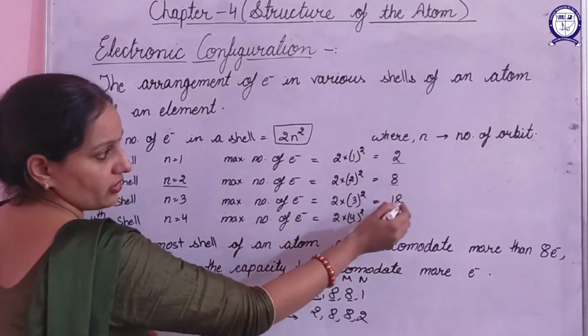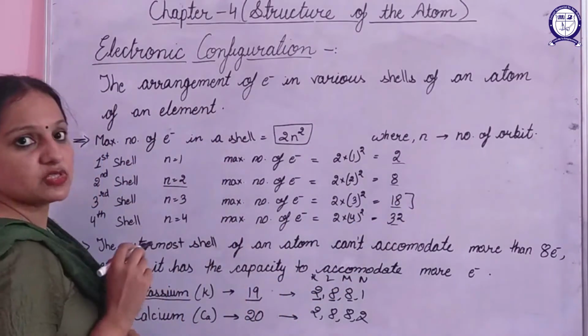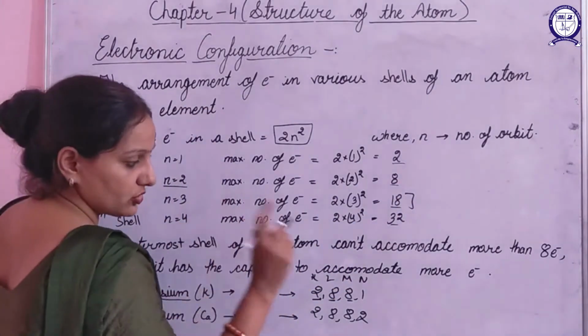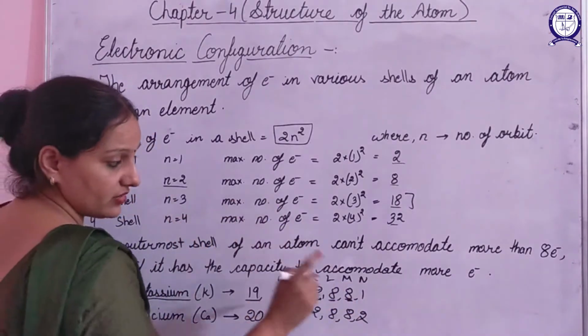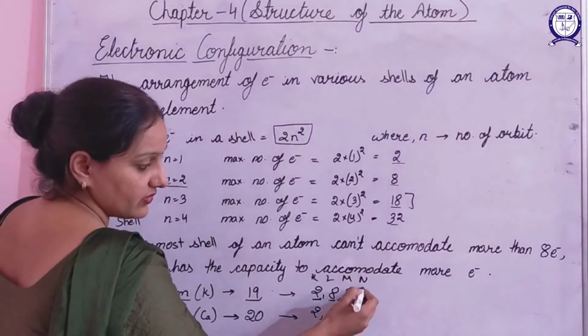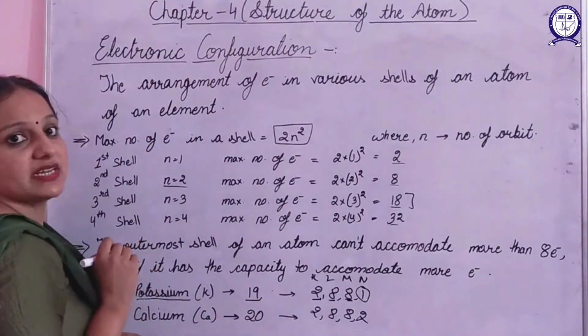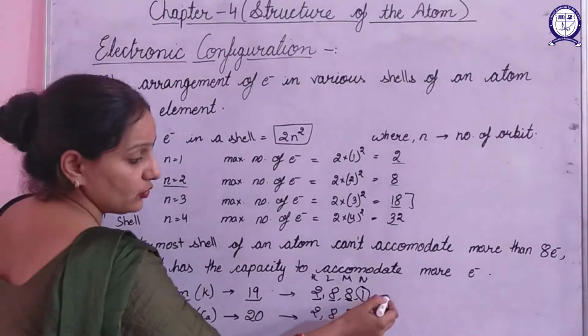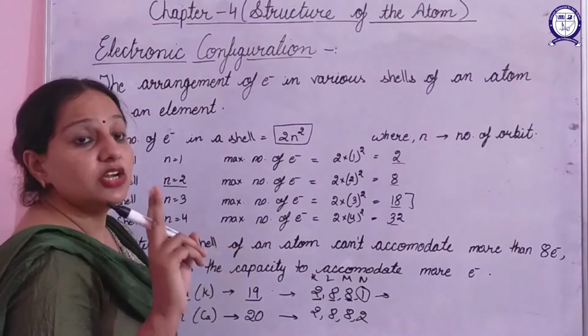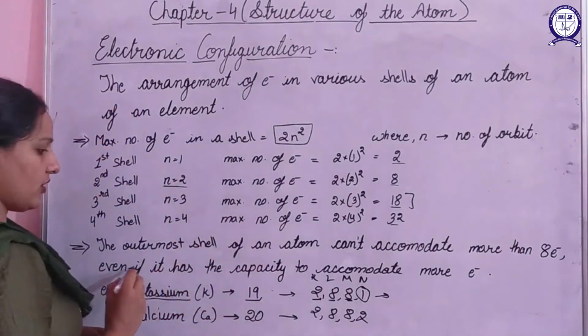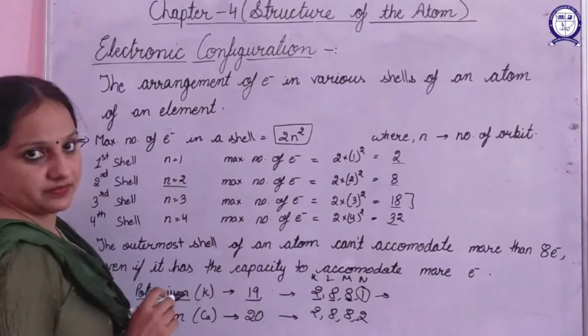In the next shell, according to the formula 18 electrons could be accommodated, but it is not so. Here it will accommodate a maximum of 8, and the remaining will move on to the next shell, that is the N shell. Here it follows the octet rule, that means the outermost shell will accommodate only 1 electron irrespective of its capacity to accommodate more.